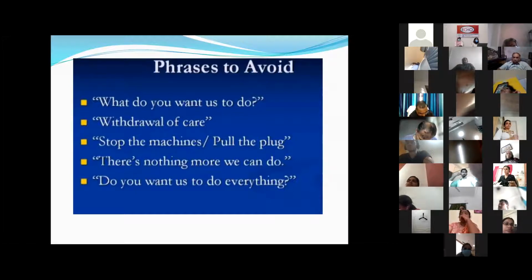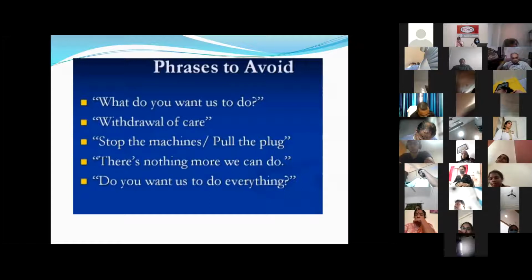And some of the time when we take care of such patients, the relatives' expectations are too high, and some physicians do use the phrase, do you want us to do everything? So some of these phrases should be avoided, especially with a patient presenting with metastatic spinal cord compression.